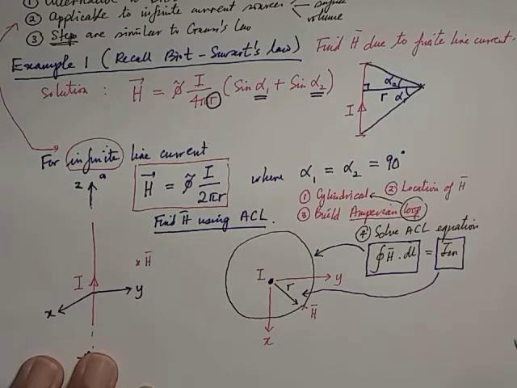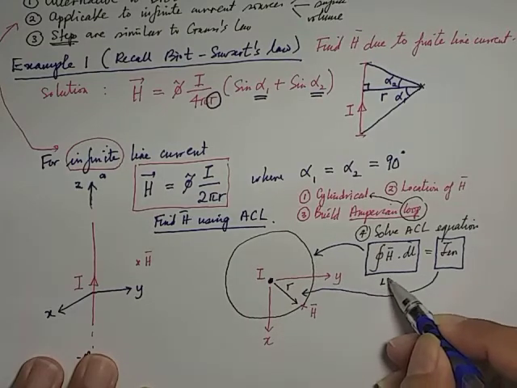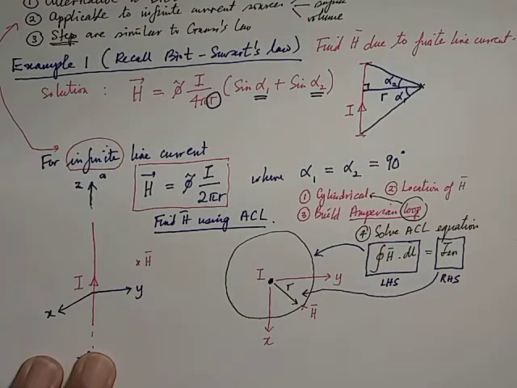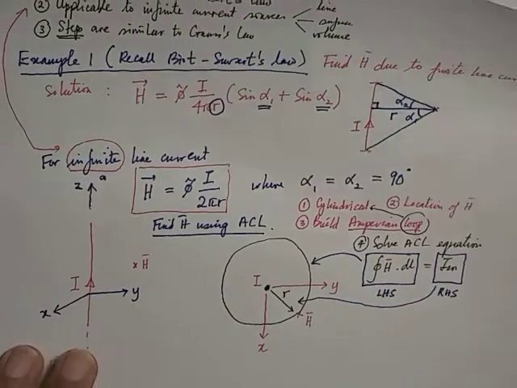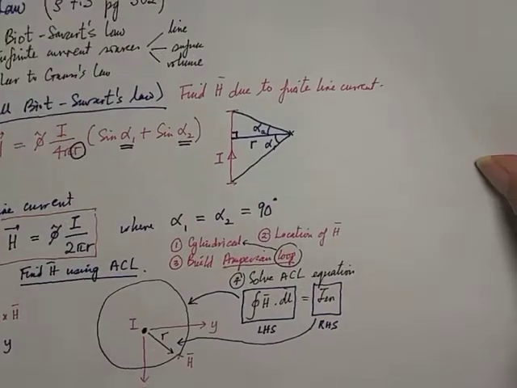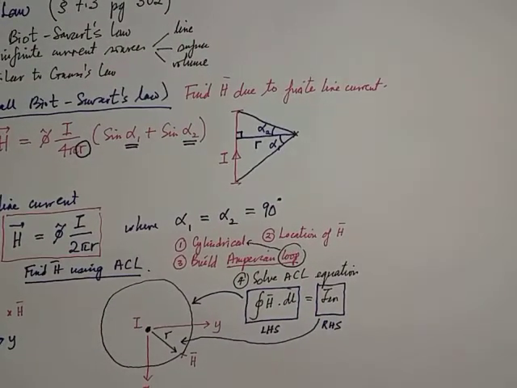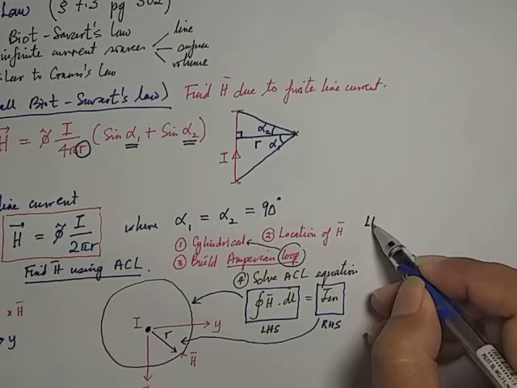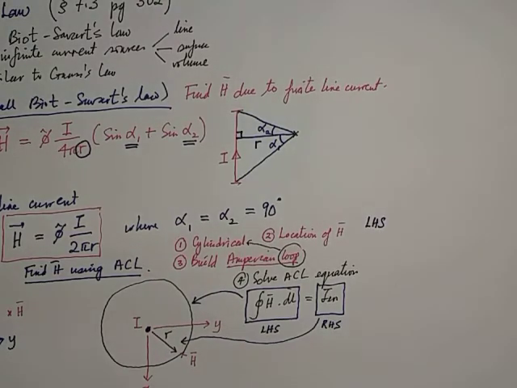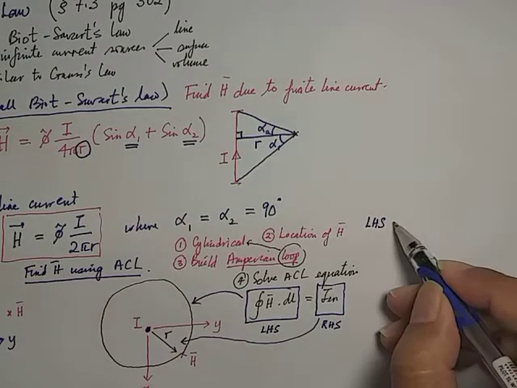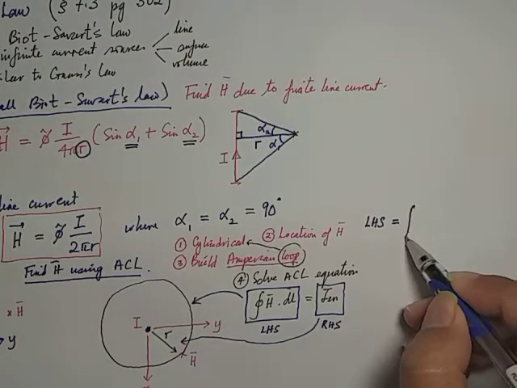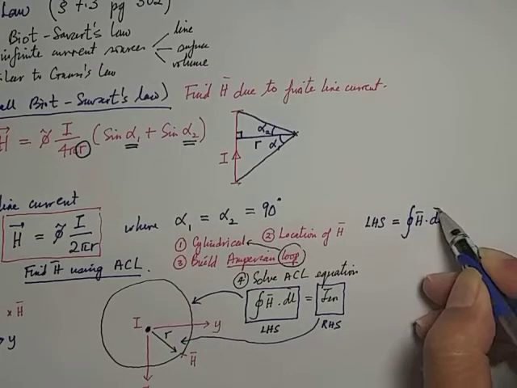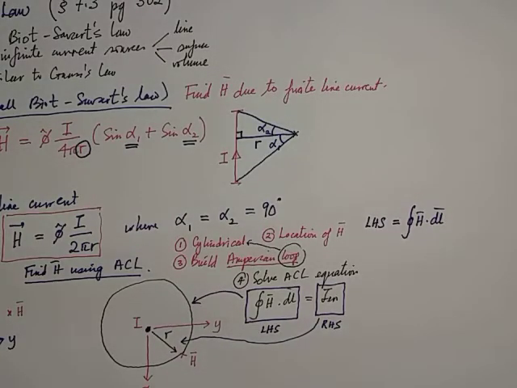So I'm going to state this equation as left-hand side and right-hand side, so it's easier for me to relate later on. Let's do that now. I'm going to do the left-hand side first. This part is equal to the integration of H dot dl only. I'm going to focus on that particular part of the equation.